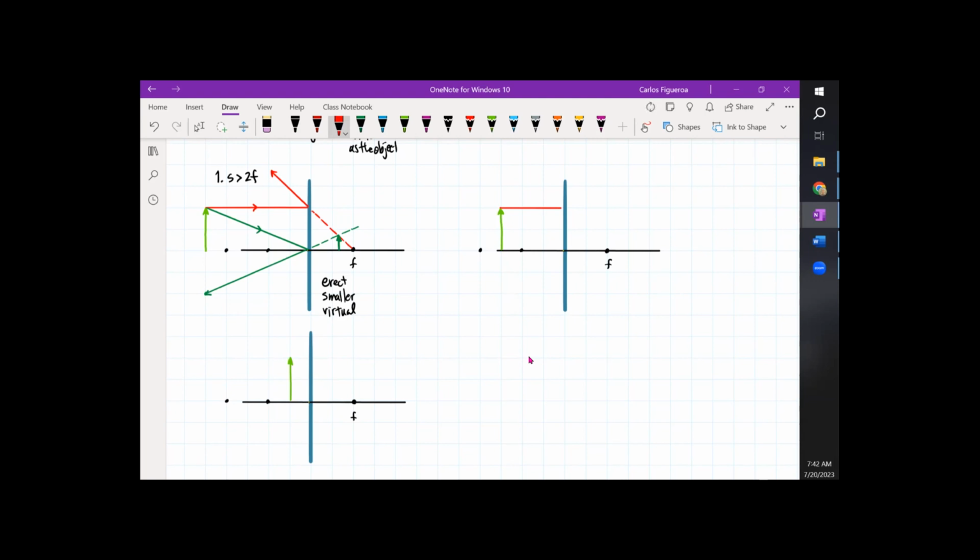Now look what happens. I'm getting closer to the mirror, and I have this. Again, I go right through here. Now I've picked my image or my reflected point right here. So now let's do the same thing here. And I follow this backwards.